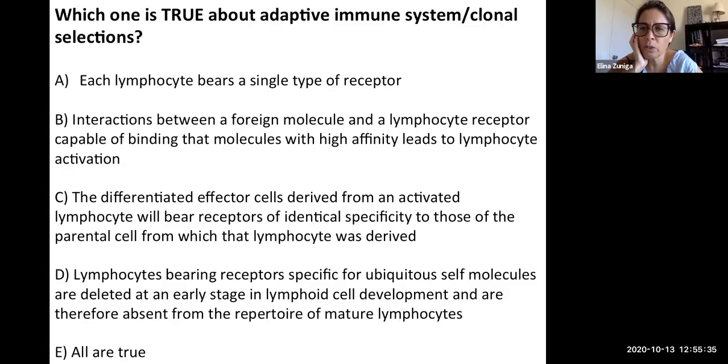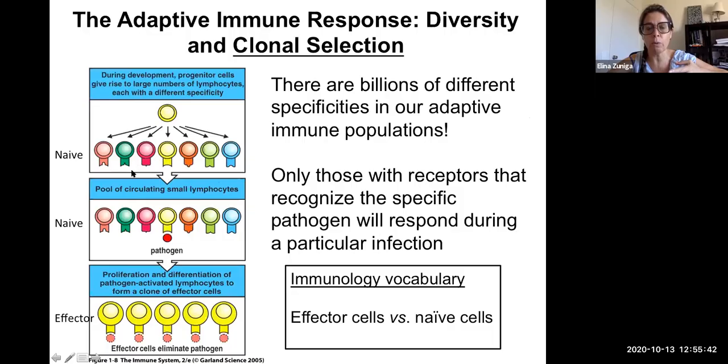That's a good question. That's an excellent question. I think that because the generation of these receptors, and we will learn more, is random. Because it's random, chances are that may recognize self-molecules. And that's a disadvantage, but we can deal with that by deleting these clones that recognize self-molecules.